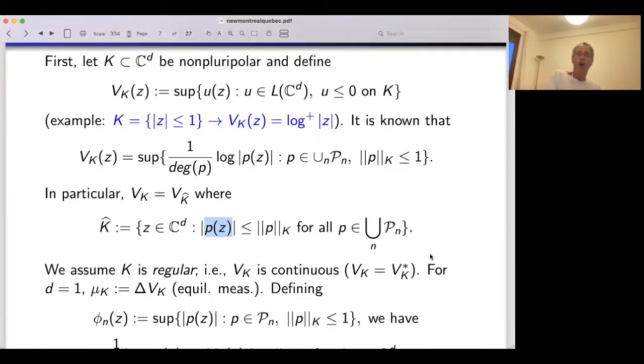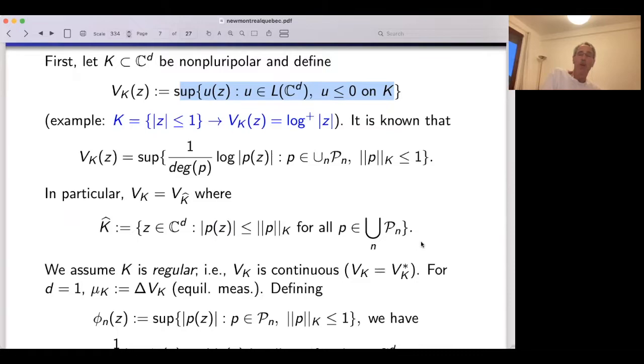And for the rest of this talk, we're going to assume that our compact sets are nice in the sense of what we call regular, and that simply means that this extremal function V_K will be continuous. In general, when you take an upper envelope of a family of subharmonic or plurisubharmonic functions that are, say, locally bounded above, then the supremum need not be plurisubharmonic or, in one variable, subharmonic, because it might not be upper semi-continuous.